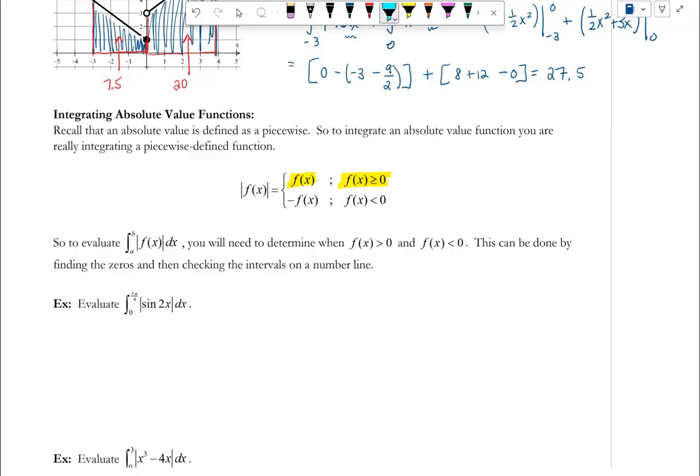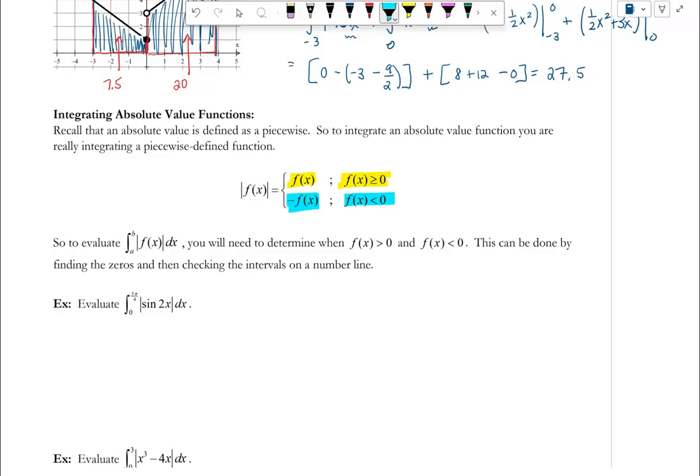If I think of values that would make f of x negative, I'm just going to think of this as negative f of x. So the negative out front by multiplication would just cause our outputs to be positive. So that's how we write an absolute value function as a piecewise defined function.